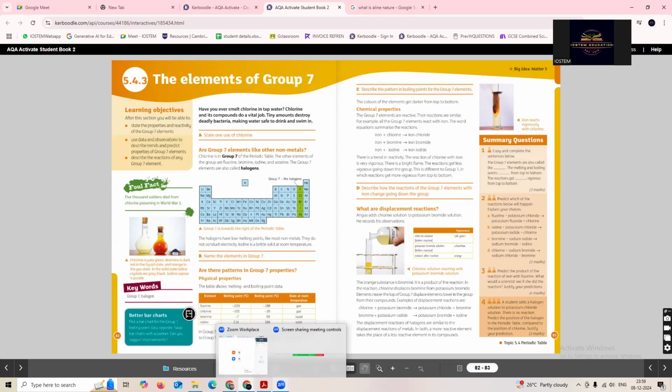So when metals come closer to these, the halogens react with metal to form a metal salt.